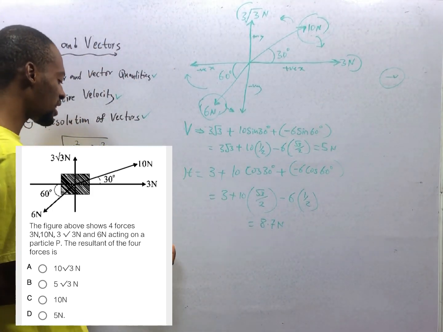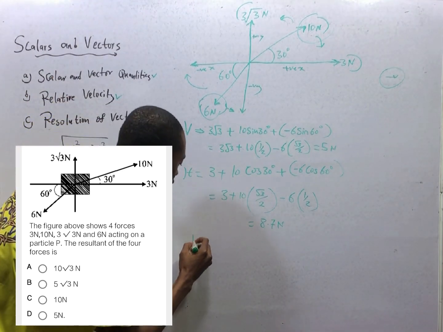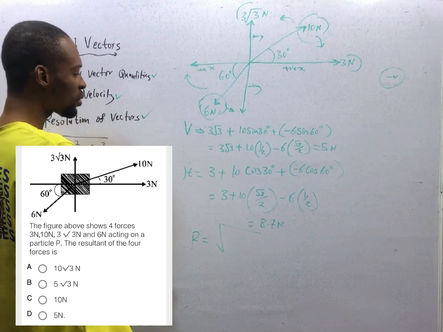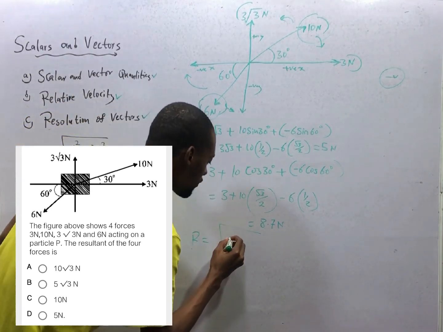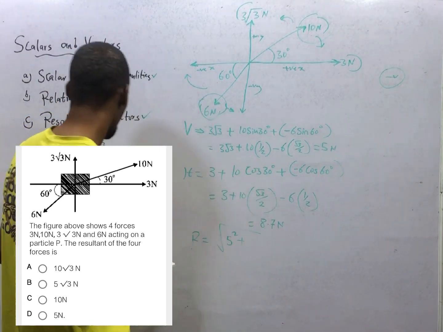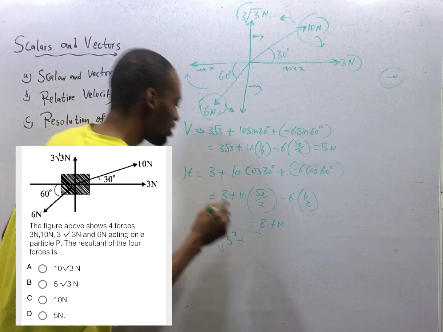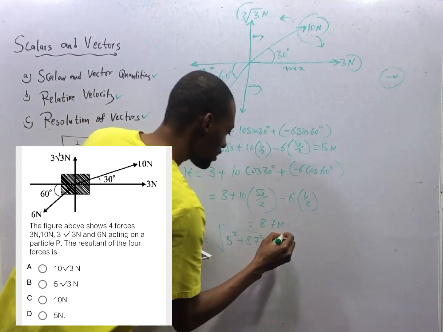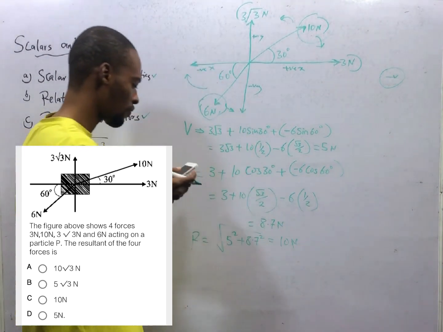We are asked for the resultant. The resultant will simply be equals vertical squared, 5 squared, plus horizontal squared, 8.7 squared. That should give you 10 Newton.